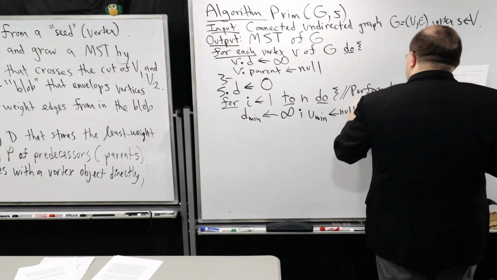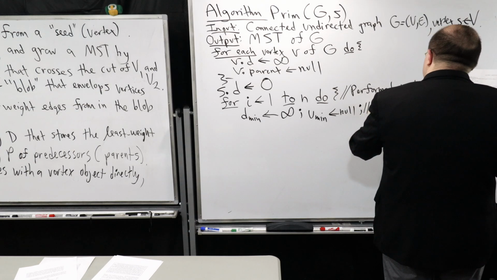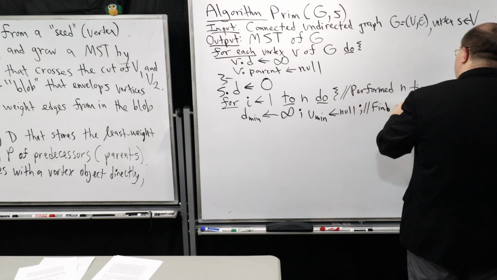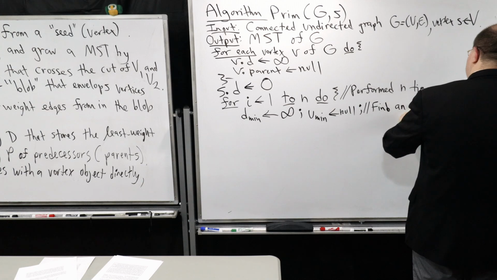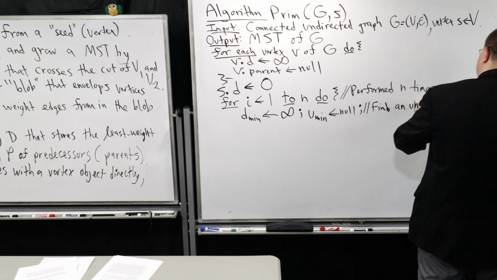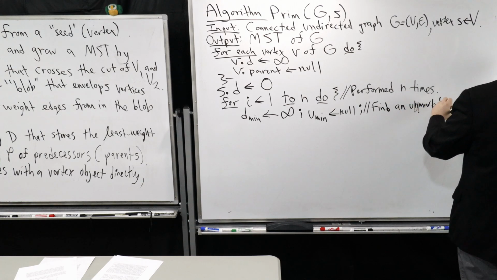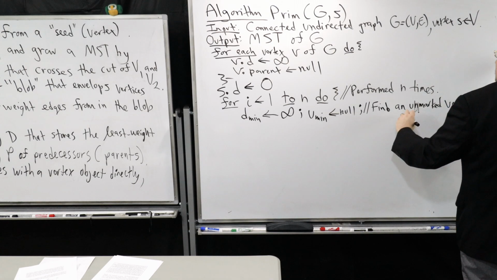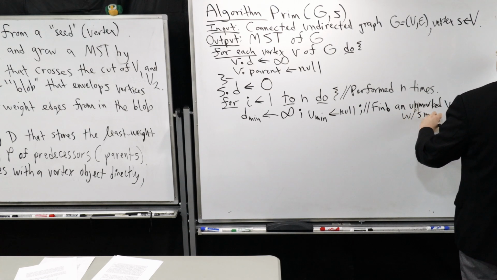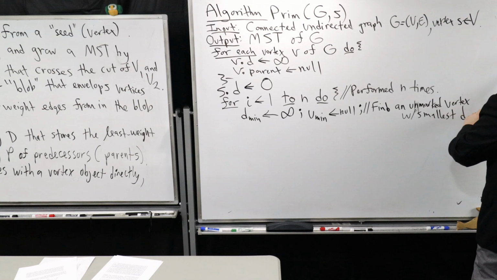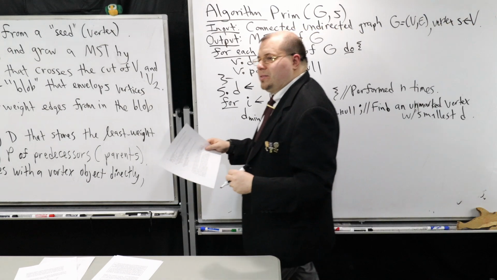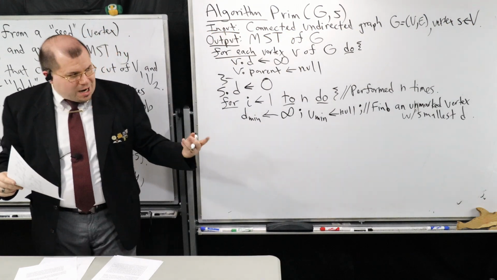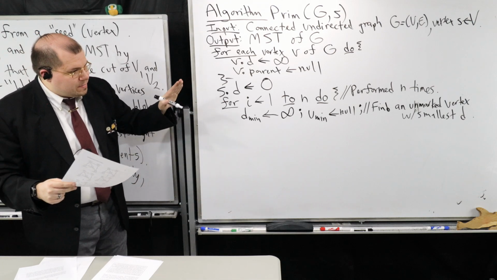So what we're going to do is find an unmarked vertex with smallest D. So I want to find the one with the smallest D value. And these D values are going to get updated each time I do this main for loop here.